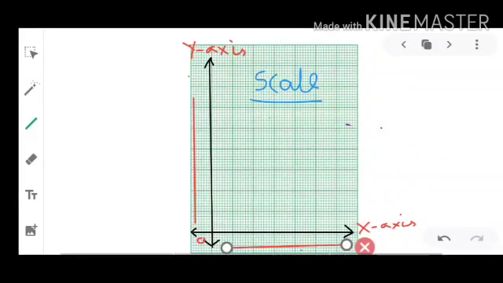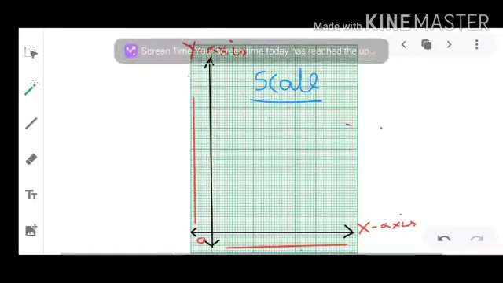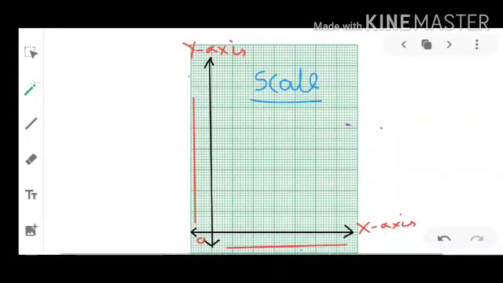And on the y-axis, you have to write numerical information. And students, you also have to write and show the scale on the top of the page at the right side. Now students, let's learn how to draw a bar graph.